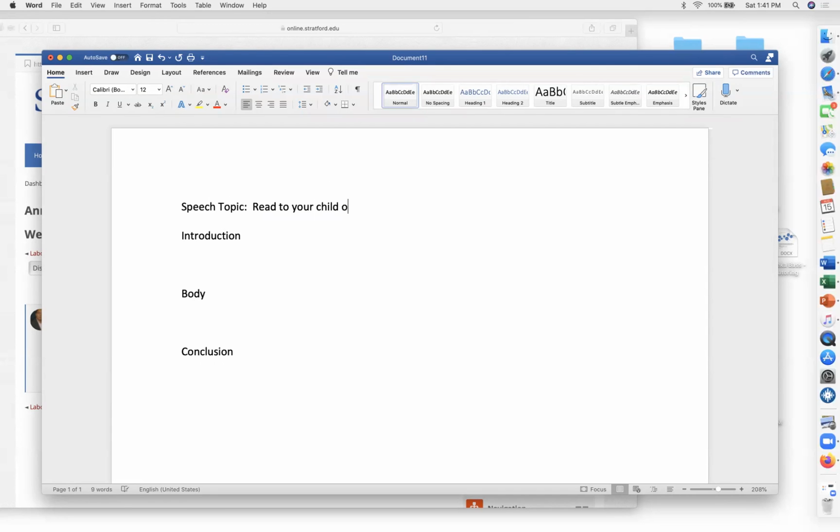It's basically storytelling. And it says to make an outline. And is it specifically to a child? No, it could be just to any audience. So it's any type of storytelling. It has to be between 5 to 7 minutes in length.